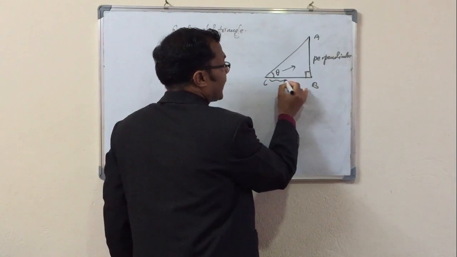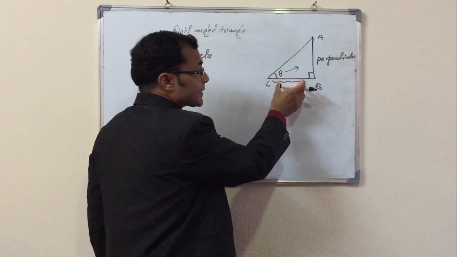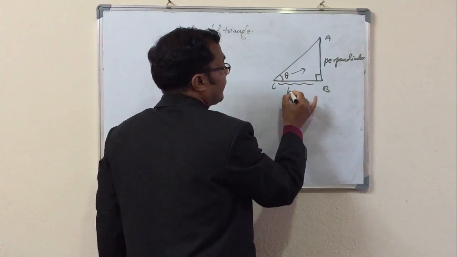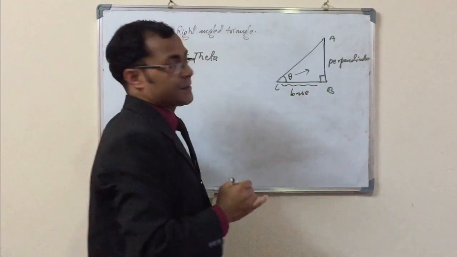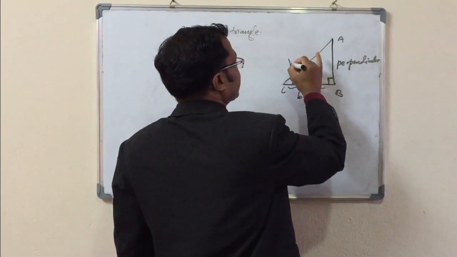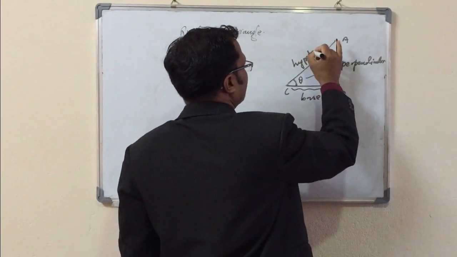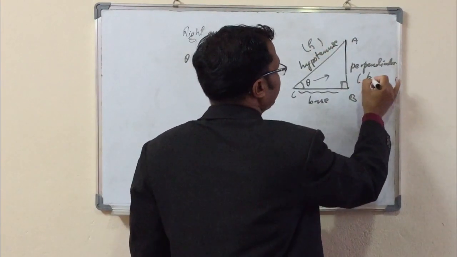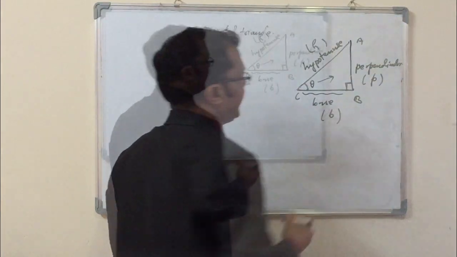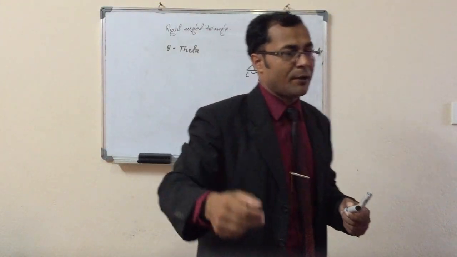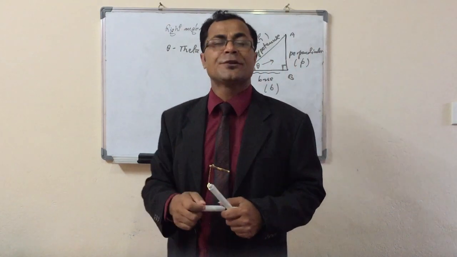The side adjacent to the angle, the side on which the angle lies, is called the base. And it's very simple: the side opposite to 90 degrees is the hypotenuse. So this is H, hypotenuse, this is P, and this is B. It's the same thing you have been learning from grade 6, 7 onwards.